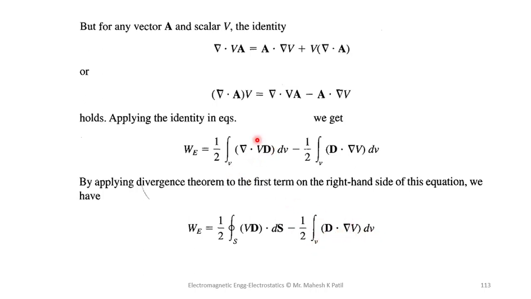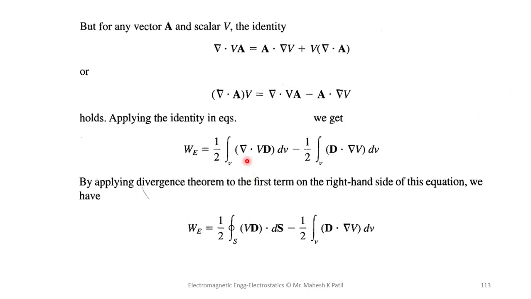So what divergence theorem have we seen? We have seen that the closed surface integration of D dot ds is equal to the volume integration of divergence of D over volume dv.